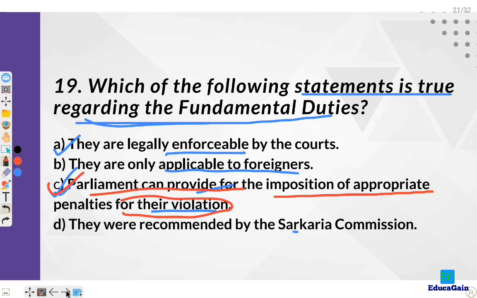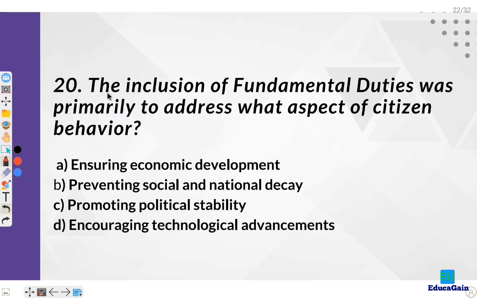Next question is, the inclusion of fundamental duties was primarily to address what aspect of citizens' behavior? A, ensuring economic development. B, preventing social and national decay. C, promoting political stability.